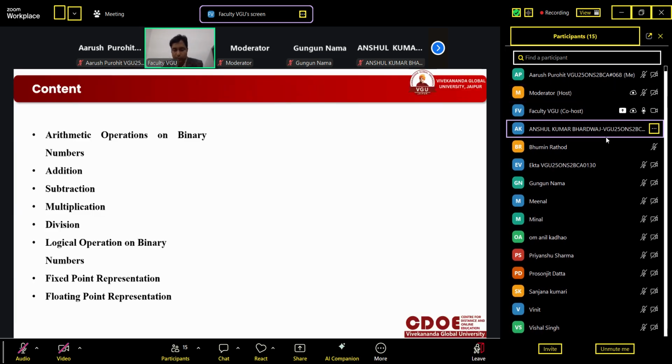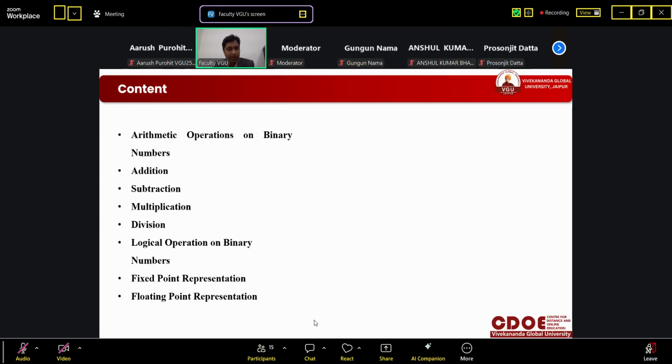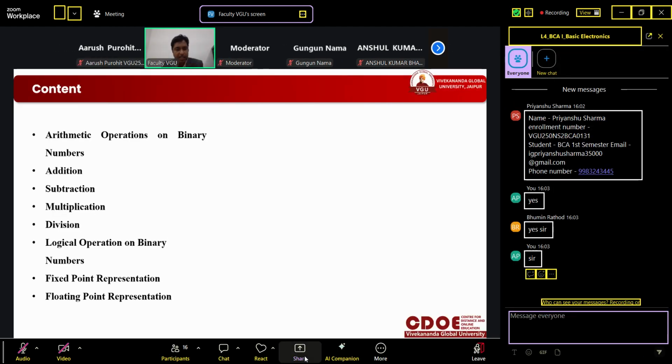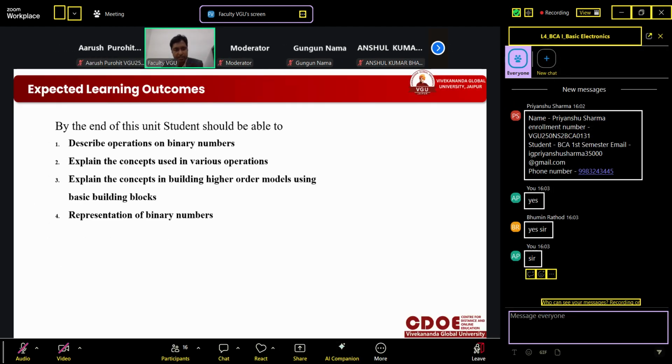We will do these arithmetic operations like addition, subtraction, multiplication, division, all the logical operations and representation of binary numbers. So these are the outcomes: that you can explain the operations on binary numbers, the concept of various operations, and how we can represent numbers in binary.